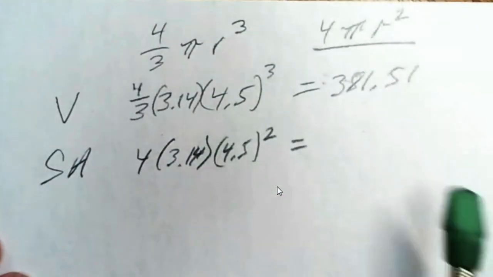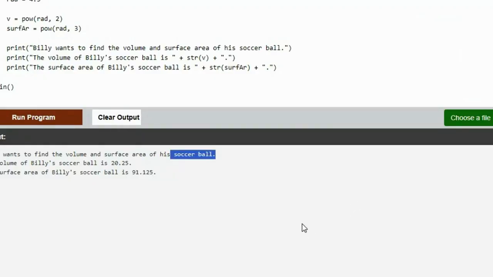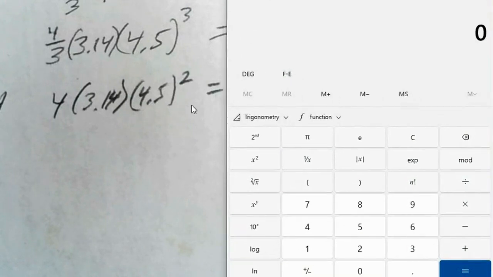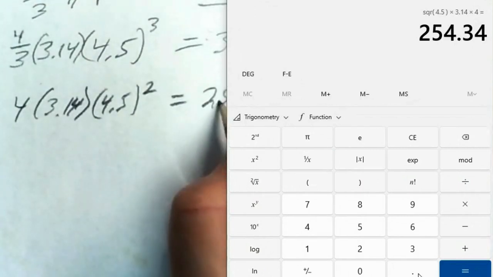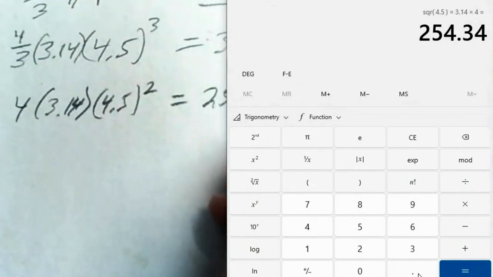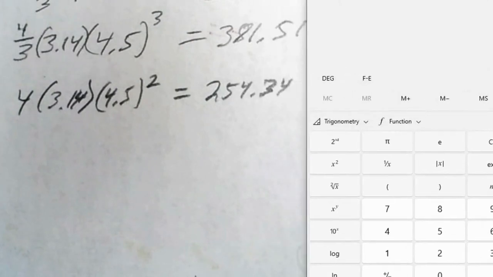So let's see what that equals to see if we calculate that correctly in Python. All right, so let's start with the 4.5 squared. That might be easiest. 4.5 squared, that's 20.25 times 3.14 times 4. So that answer should be 254.34. All right. So there's our two calculations.